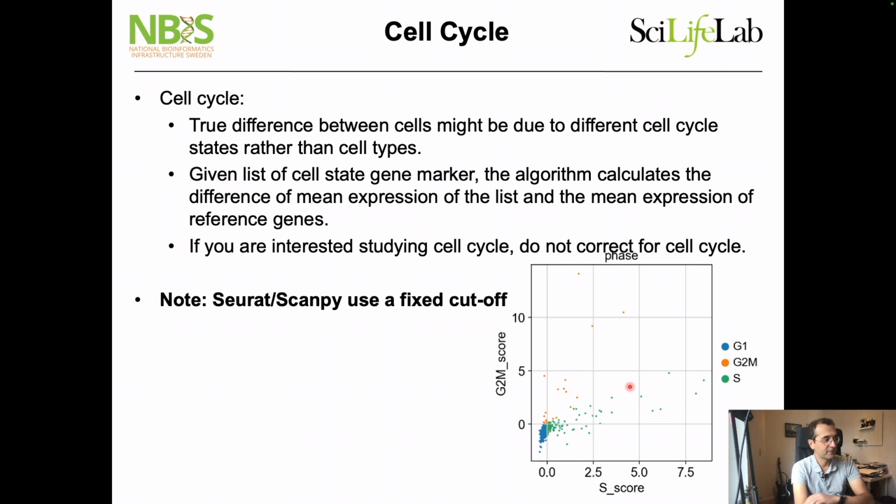Remember that if you're interested in studying cell cycle, you do not need to correct for cell cycle scores or labels. And it is very important to note that Seurat and ScanPy use a fixed cutoff. So don't just go with the labeling. Instead of the labels that you receive from these tools, look at the scores.